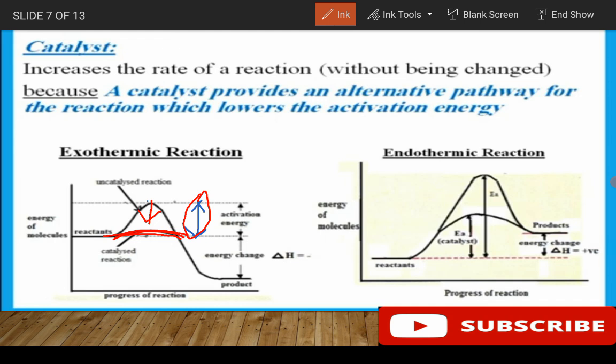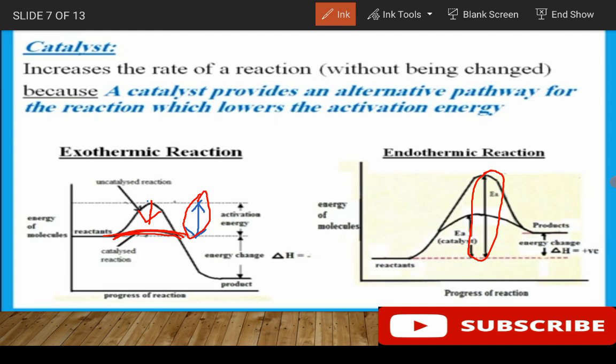In an endothermic reaction, the same is required. The energy required for a chemical reaction, remember that in an endothermic reaction, products are higher than reactants. In other words, products have more energy than the reactants. So for such a reaction to happen, we need this whole amount of energy to input into the reaction, which is quite high.